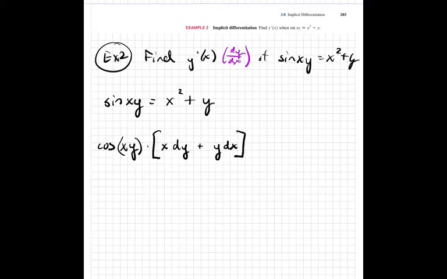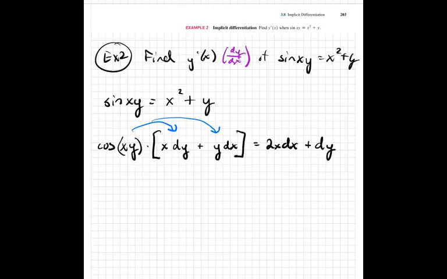We used the chain rule and the product rule, so it was two different rules in one. And then on the right, the derivative of x squared is going to be 2x dx, and the derivative of y, again, is just dy. Now, what's a good idea? We're going to distribute this cosine of x times y, and then we're going to get all our dy's on the left, all our dx's on the right, and then we should be able to get dy by dx.